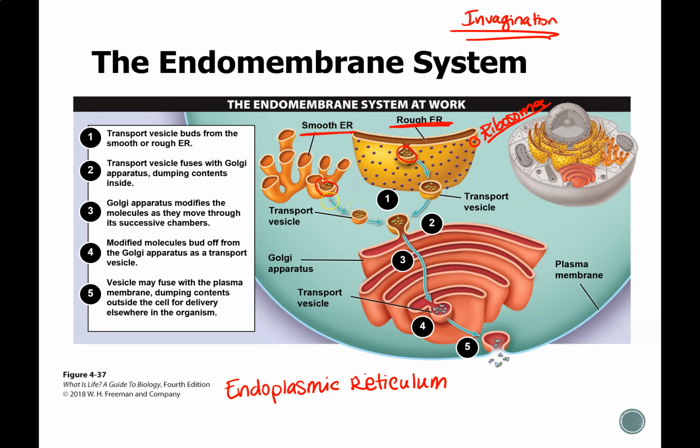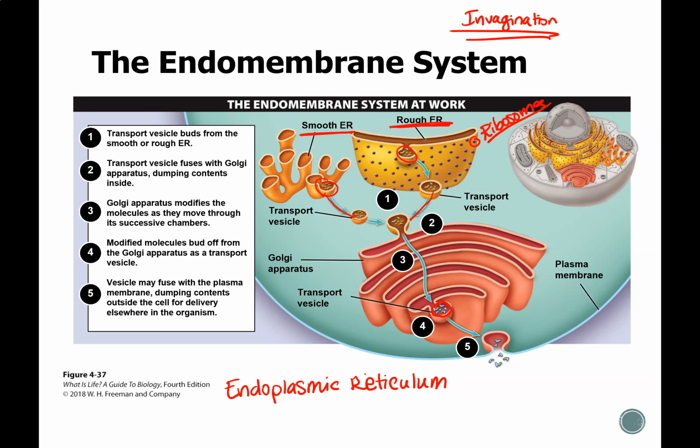They are taken and transported along the cytoskeleton from the smooth ER or the rough ER to the Golgi apparatus, where they fuse, and the Golgi apparatus does some processing of those molecules and then packages them up for transport elsewhere in the cell or to be excreted from the cell.